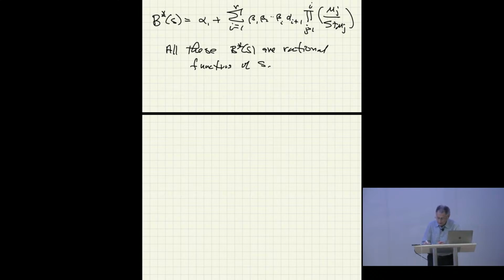That means their poles, the zeros of the denominator, must lie in the negative half plane. If this is the S plane, and this is the real part and the imaginary part, I'll call it j omega, all the poles have to lie on the negative real line.